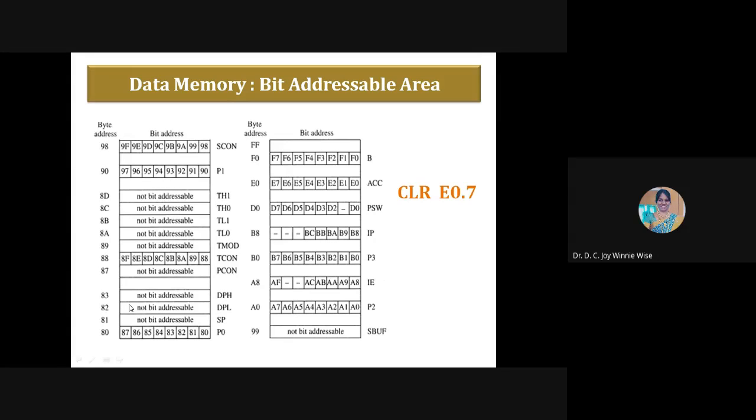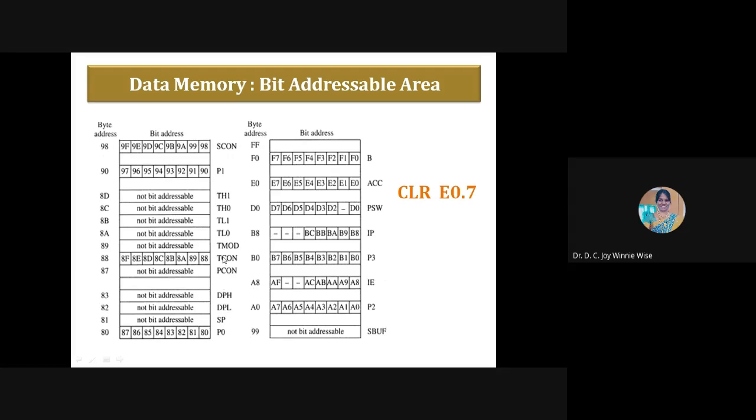Then the SFRs, special function registers. Let's see here. We have some special function registers. SCON, the serial control register, is stored in memory location 98. Then P1, port 1, is stored in memory location 90. What is written here is the name of the register.